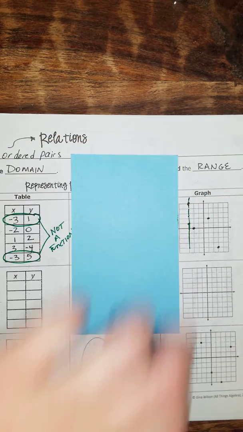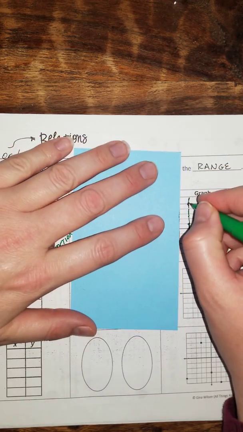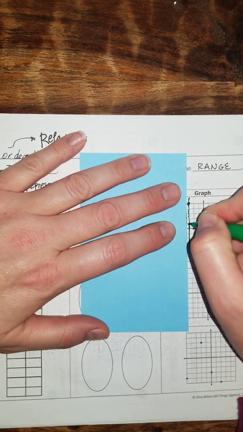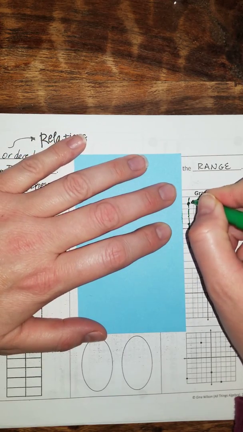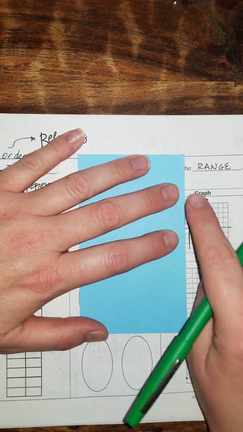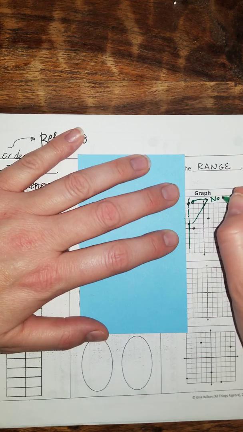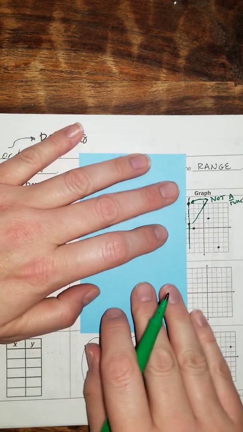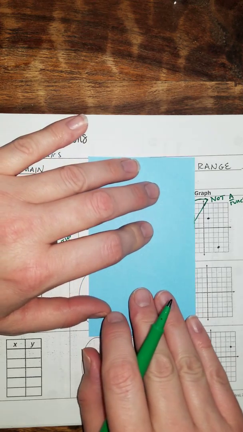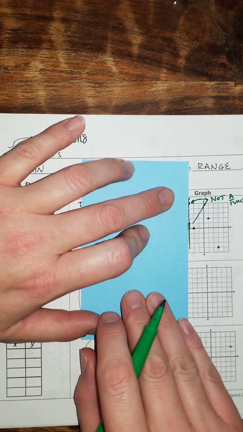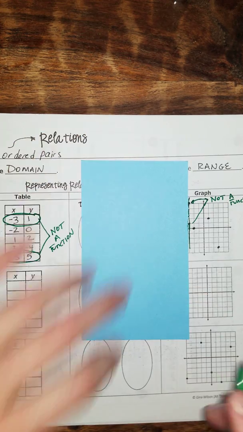It's not a function. So here, on this particular vertical line, I have 2 points. So this point and this point tell me that it's not a function. Because on any vertical line within a graph, there should only be 1 point. So because there's 2 here, it's not a function.